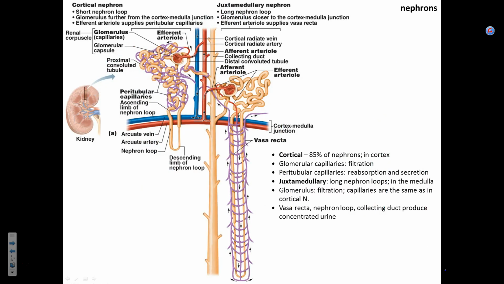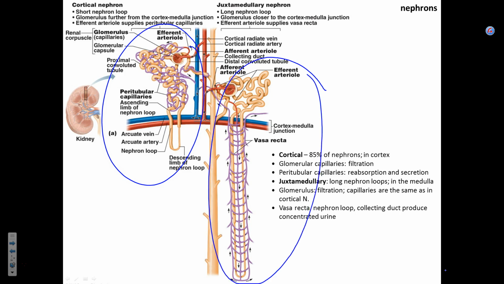So let's talk about nephrons. We have two types of nephrons. Cortical, shown on the left, and juxtamedullary, shown on the right. Cortical, what does it tell you? Where are these nephrons? There you go. I mean, there's a little part, the nephron loop, which descends into the medulla, but the majority of the nephron is in the cortex.